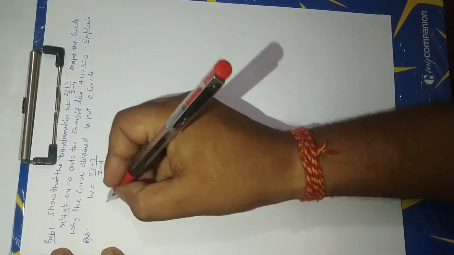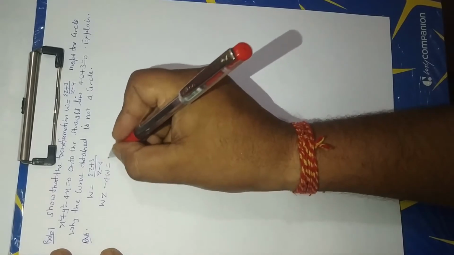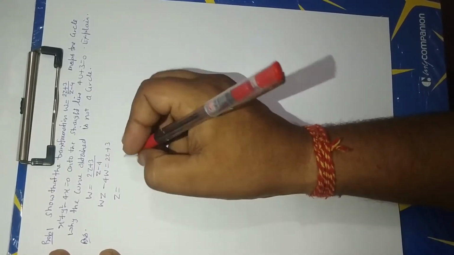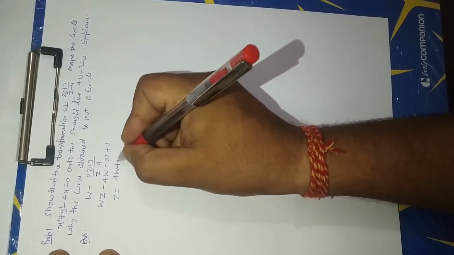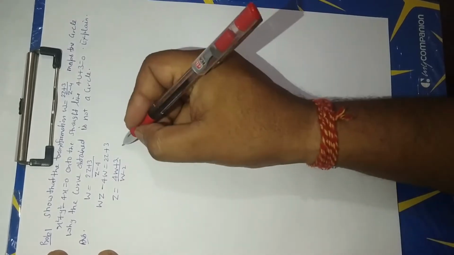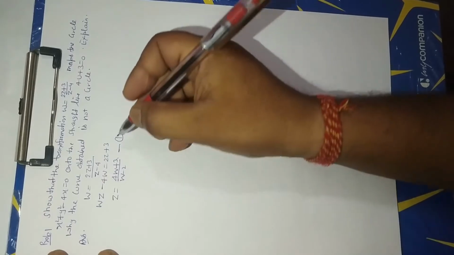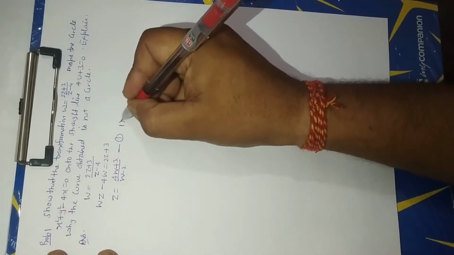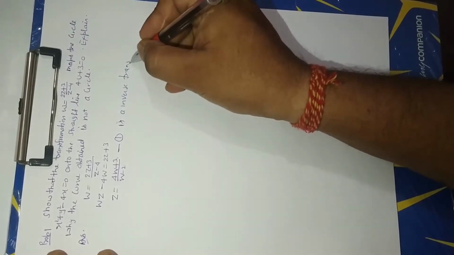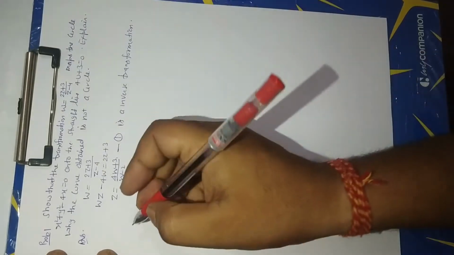Now by cross multiplication, we get z equal 4w plus 3 upon w minus 2, represented by equation first, which is the inverse transformation of the given transformation.